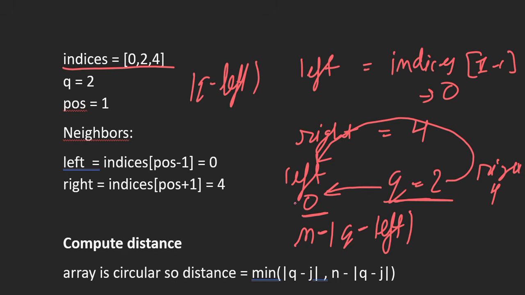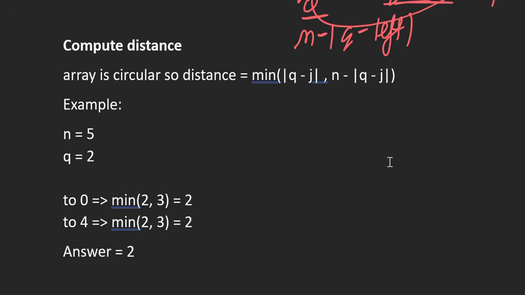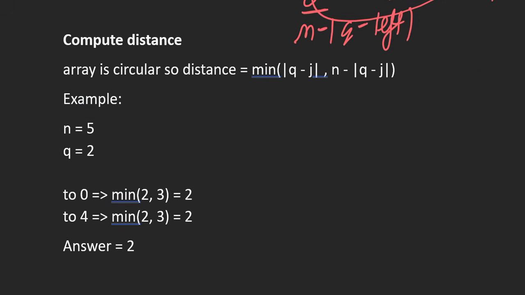These can be the two distances between these two elements. Similarly for q and right, what can be the distance? One is the straightforward right distance, one is the circular distance, right? So next, after finding the nearest two indexes, we'll compute the distance. So if the array is circular, then distances will be like this.